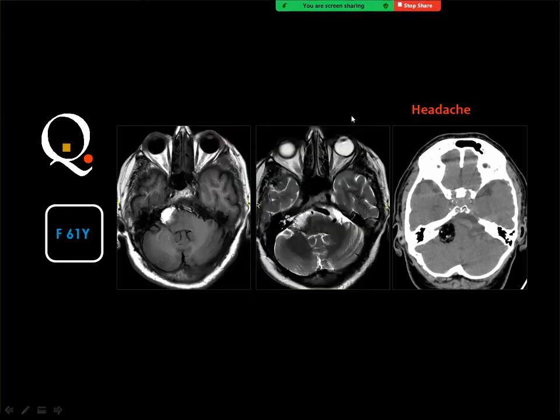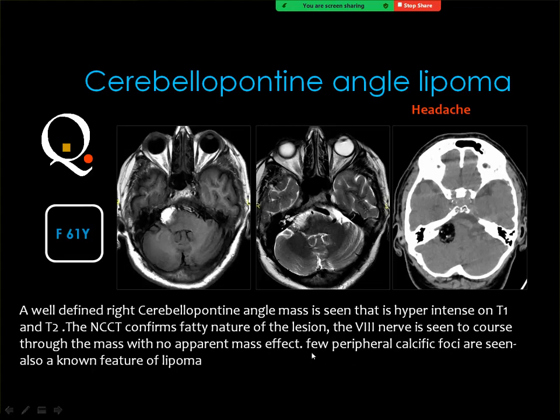Okay, then this is a fat-containing lesion. It can be a lipoma and can be a dermoid cyst at the cerebellopontine angle. Then this was a lipoma at the cerebellopontine angle, and this lesion is also, to my mind, seen in clinical practice.